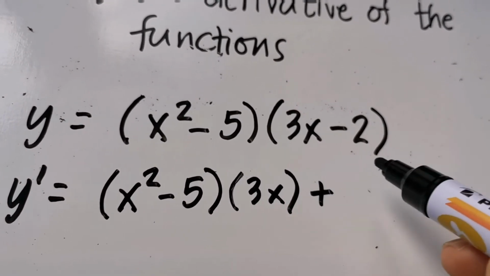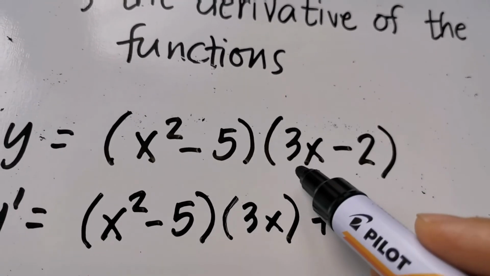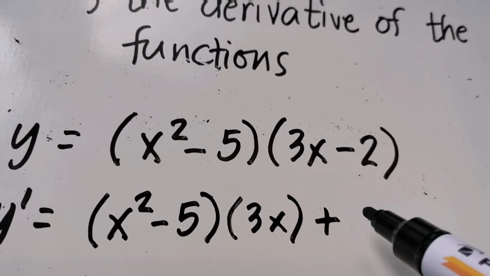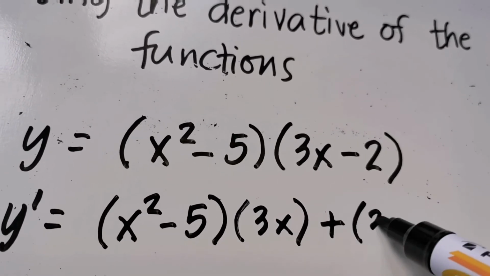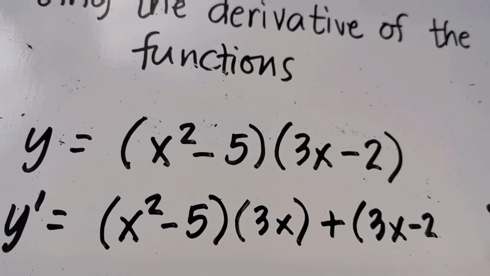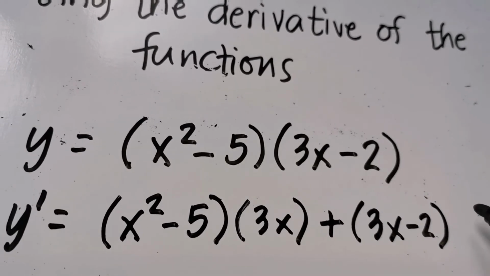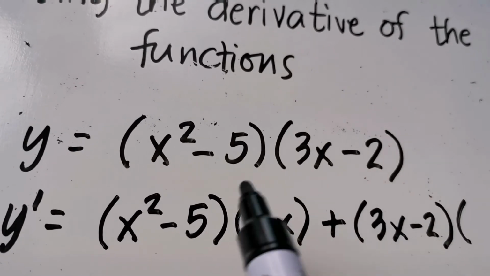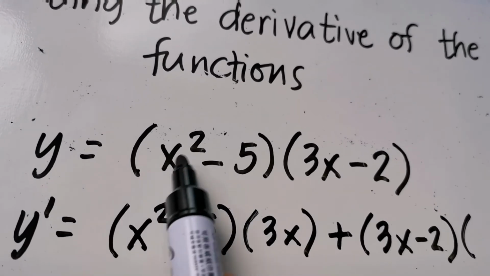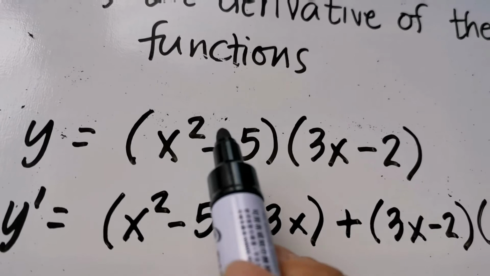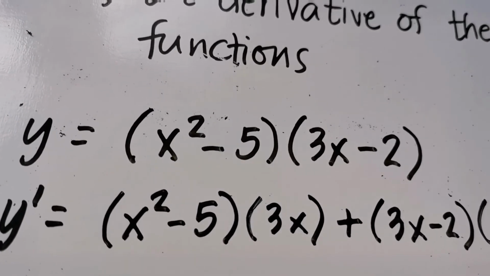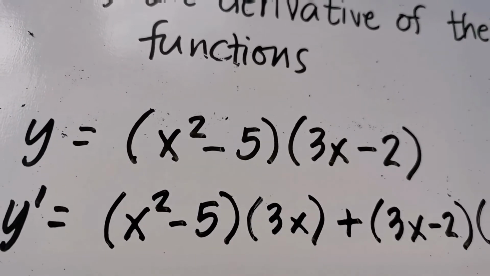And we have plus, copy the second factor, which is 3x minus 2, times the derivative of our first factor, which is x squared minus 5. So the derivative of x squared minus 5 is 2x.